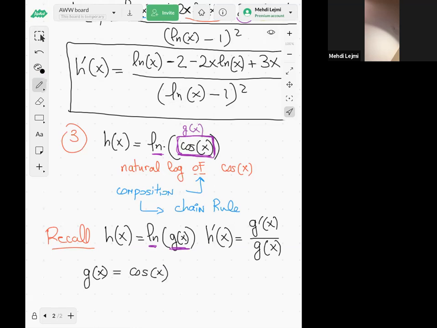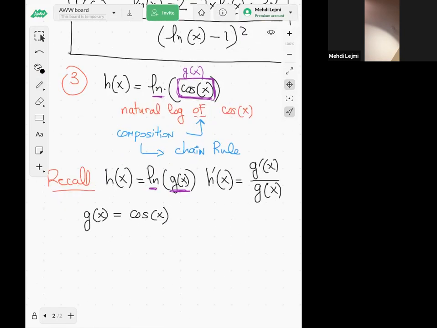So then we need to compute h prime. We said h prime is g prime over g, where g of x is cosine of x. For g prime of x, derivative of cosine of x is minus sine of x.